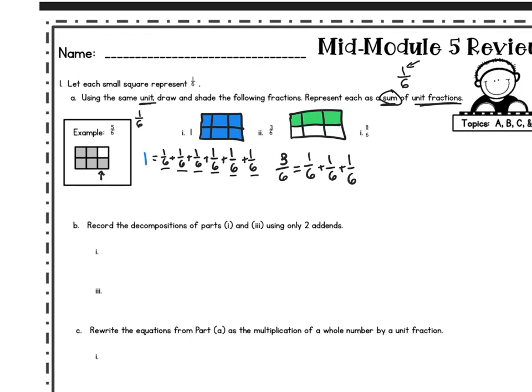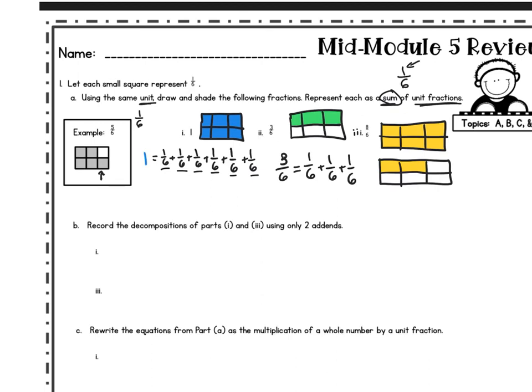And then for part 3 here, we have 8/6. So in this case, we're actually going to need to draw 2 area models because we have a fraction that's greater than 1. And I'm going to shade in 8/6. So here I go. 1, 2, 3, 4, 5, 6, and 7 and 8.